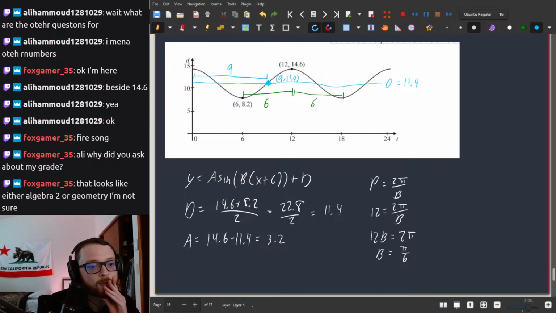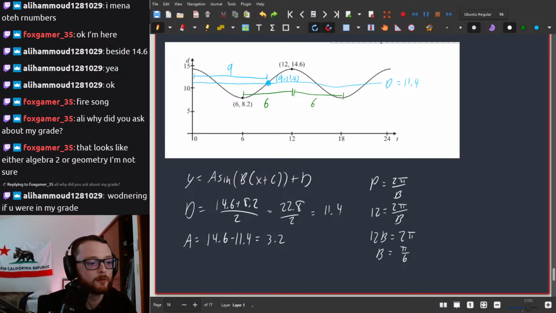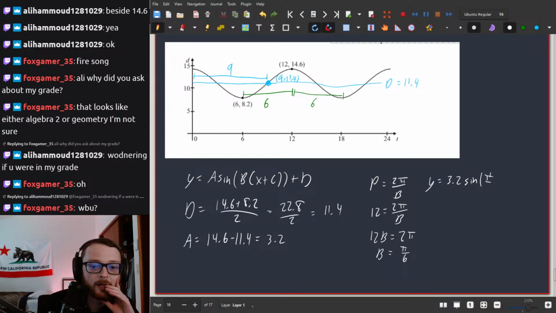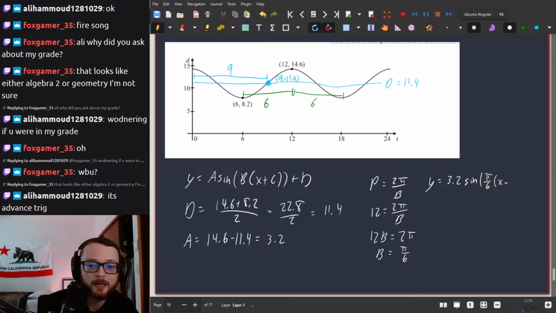Now this is a shift to the right. And I think for that we need to do minus when it comes time to plug in C. So I think for our result, we're going to say it's equal to 3.2 sine pi over 6 x minus 9, importantly, plus 11.4.